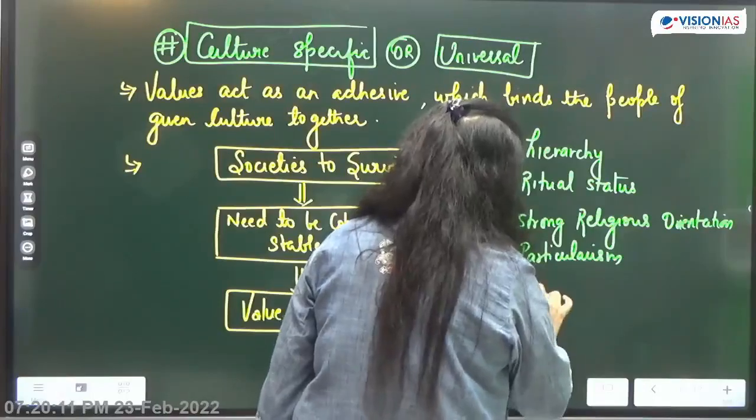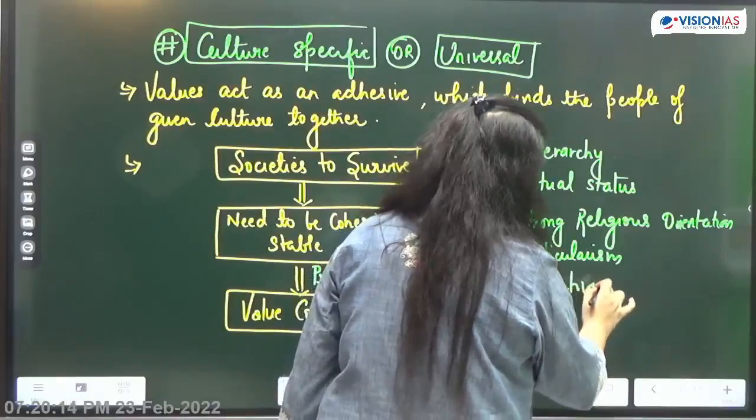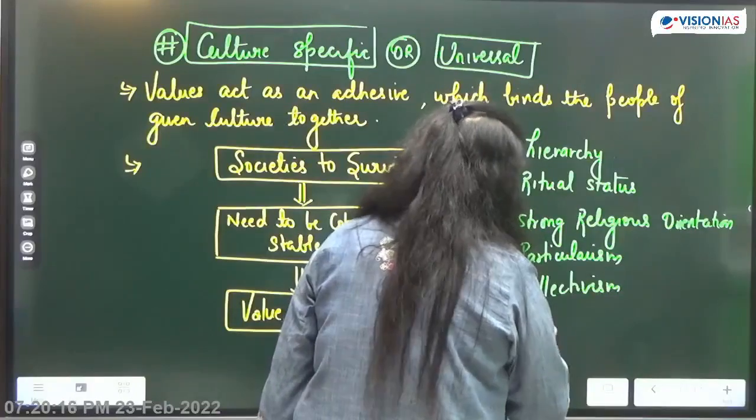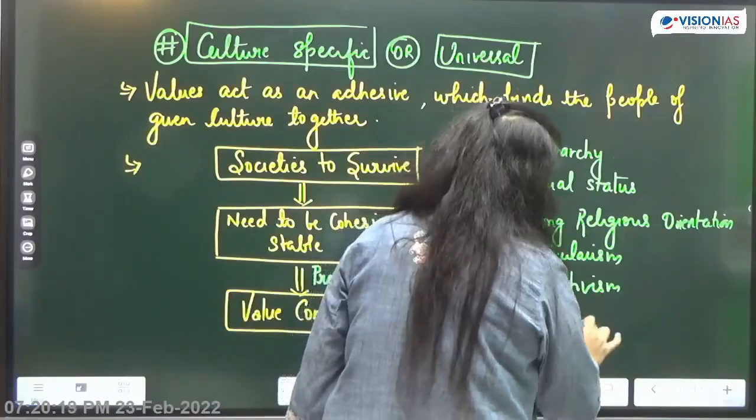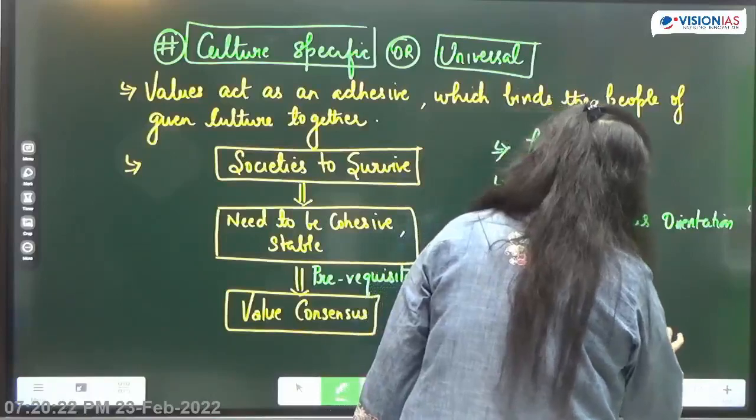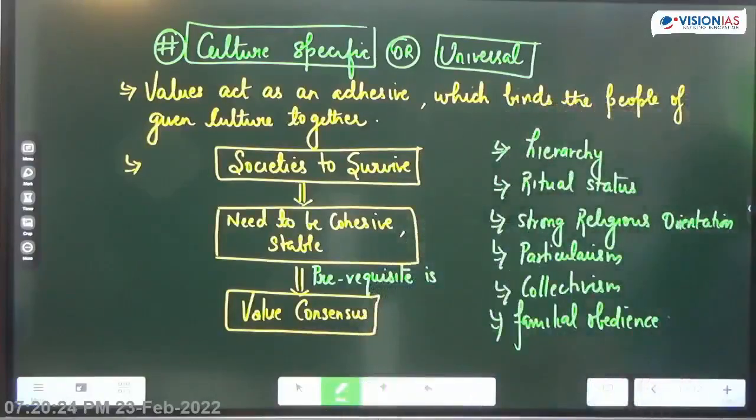There was collectivism. Familial obedience. There are values which are specific to a particular culture. So these are the values which are specific to India. You value hierarchy. That is why it is existing. Hierarchy is on the basis of ritual criteria. There is strong religious orientation in our society. We are particularistic, collectivist, with familial obedience.